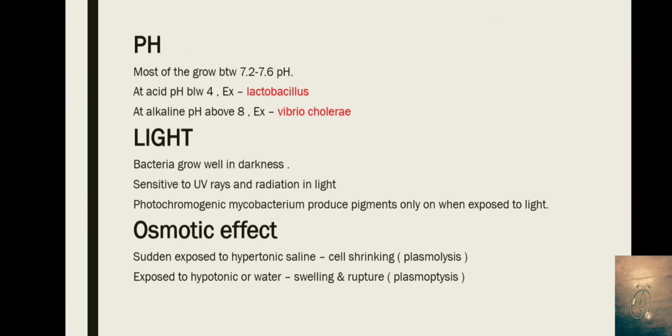Example, Vibrio cholerae. The next factor is light. Bacteria grow well in darkness only. They are sensitive to ultraviolet rays and radiation in light. But photochromogenic mycobacteria produce pigments when exposed to light.